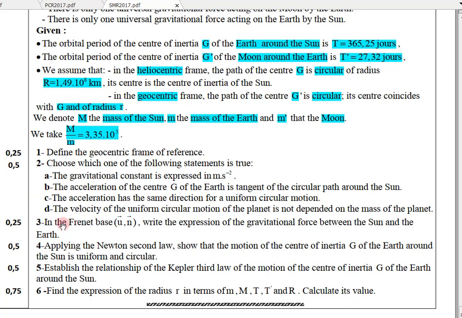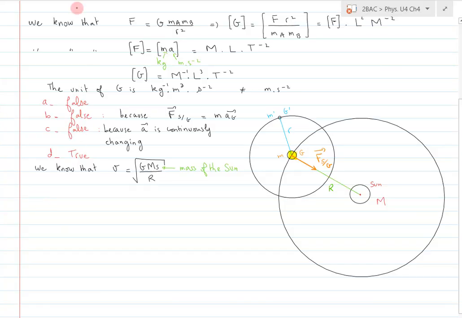Question 3: in the Frenet basis, write the expression of the gravitational force between the Sun and the Earth. So this is quite easy.